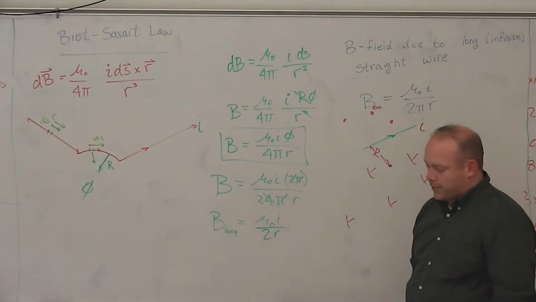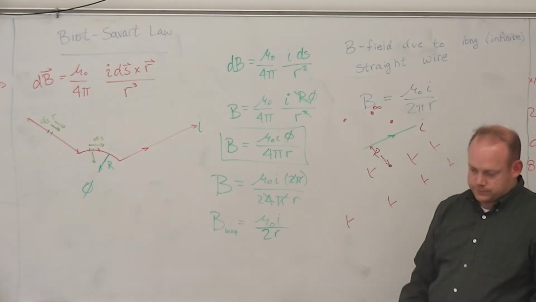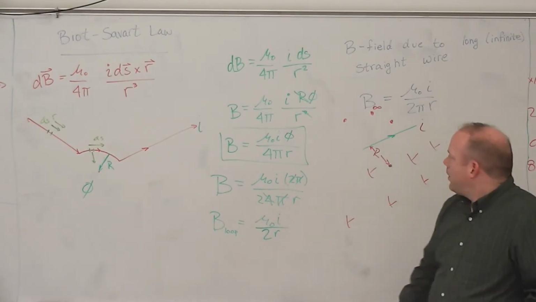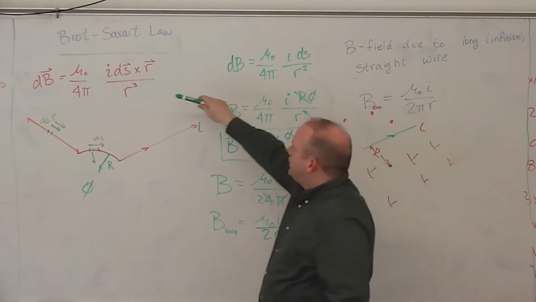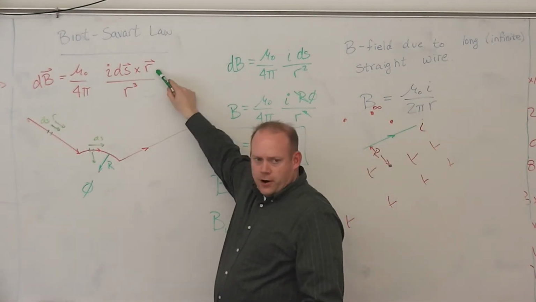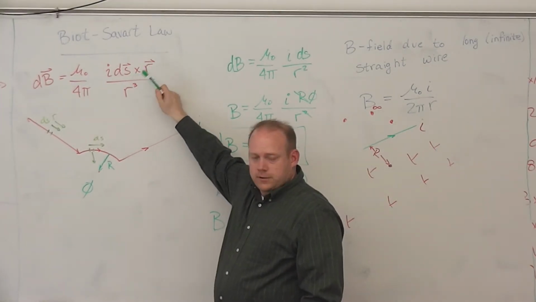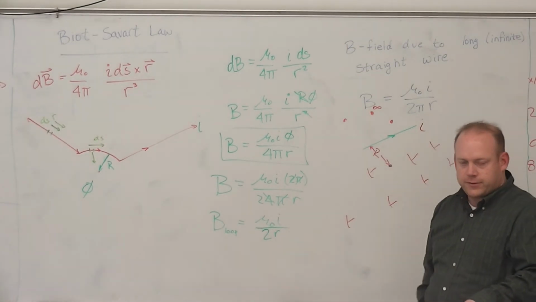Sorry for mixing my capital R's and my lowercase r's. They are the same. Why do you make dB over r squared? Okay, why did I make this r squared here? Because this is ds cross r. Okay, my cross product was... Oh, okay, you're right. The cross product goes away, so it's r over r cubed, which is r.